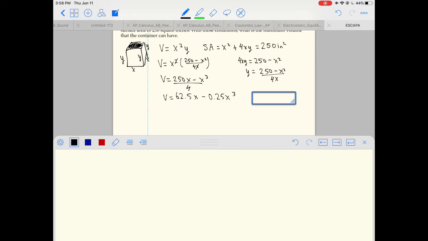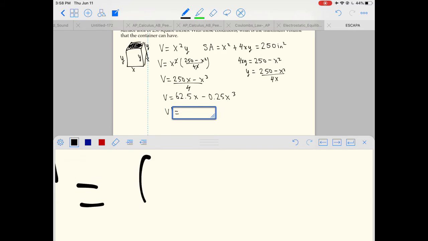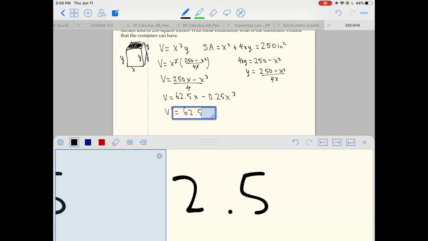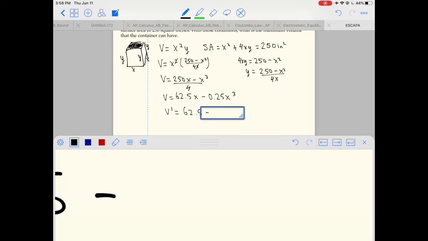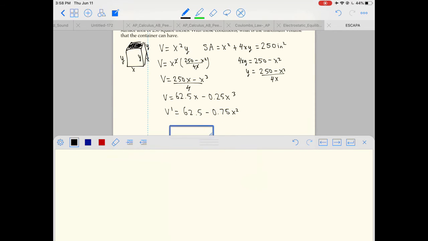All right, so now let's find the critical points. The critical points can occur when the derivative of the function equals 0 or is undefined. In this case, the function can't be undefined, so let's find when the derivative equals 0. So the derivative equation would be 62.5 minus 0.75x squared.